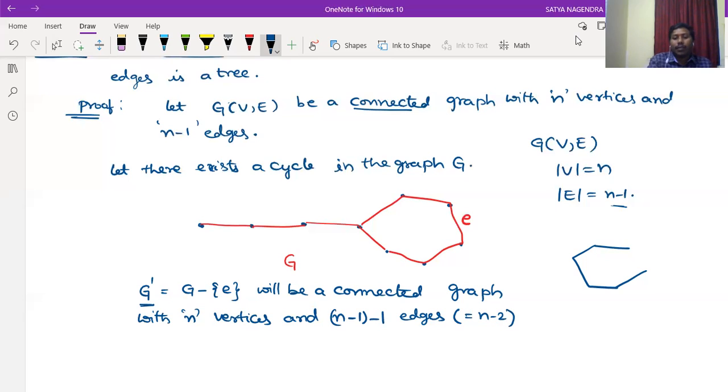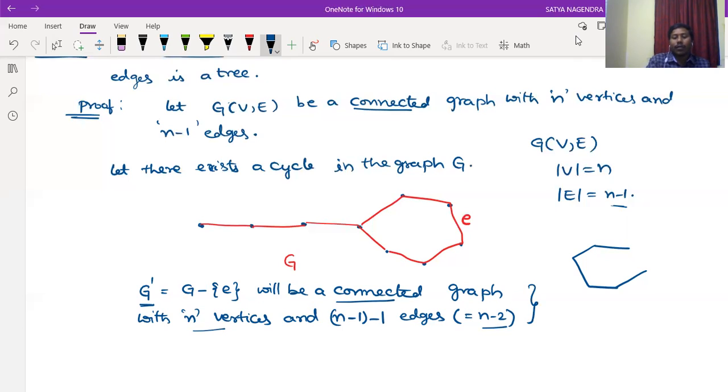So by deleting an edge e from this, you are getting this new graph. Here we are having a graph with n vertices and n minus 2 edges, and it is a connected graph. Is this point correct or not?